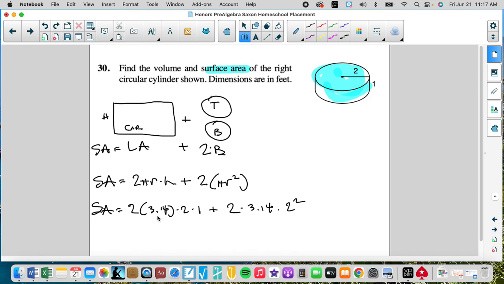So 2 times 3.14 is 6.28 times 2 times 1 is 2, plus 2 times 3.14 is 6.28 times 4. We can pull out that 6.28 and multiply it times 2 plus 4. That's an easier way.